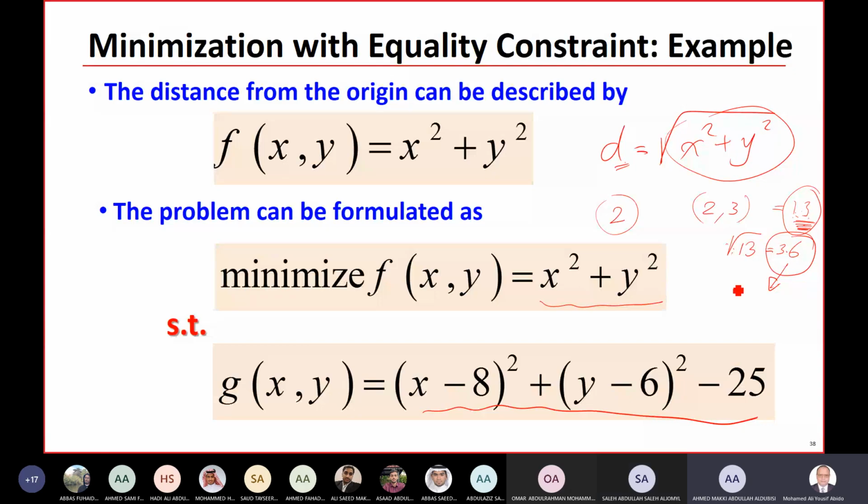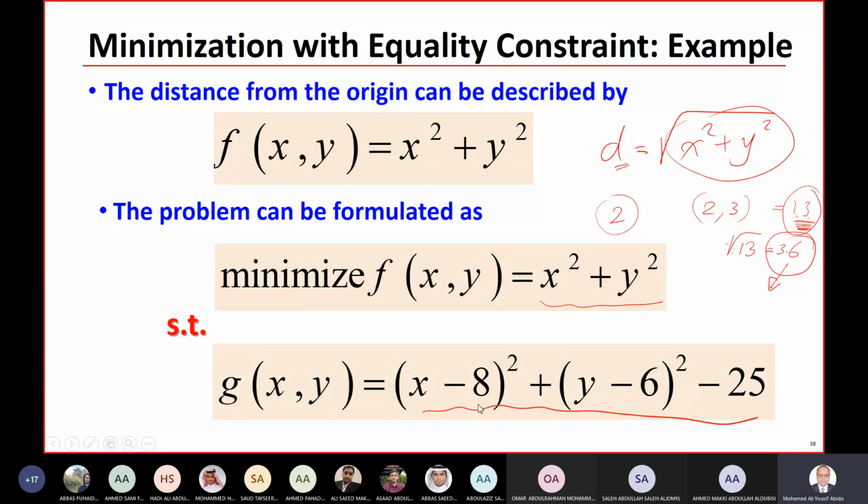So the square root will not affect the results, since higher values give higher square roots. Okay, let us take x² + y². You can resolve it by considering the square root and check the results.